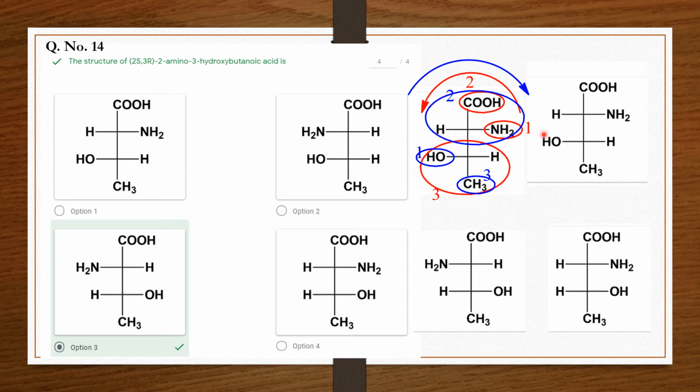If you connect the arrow mark, it goes in a counterclockwise direction. So in fact it is an S configuration, but since the hydrogen is horizontal, we should reverse the configuration, so the configuration is R. If you work it out like this, the correct answer for this question is option 3.